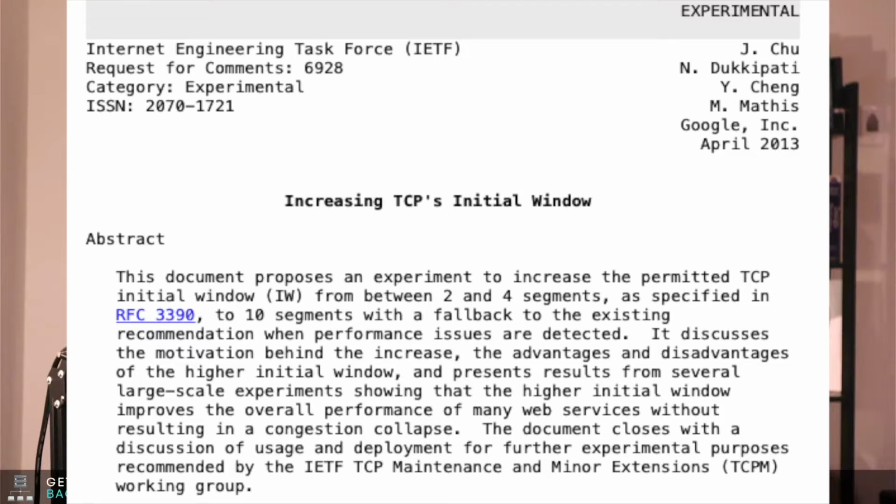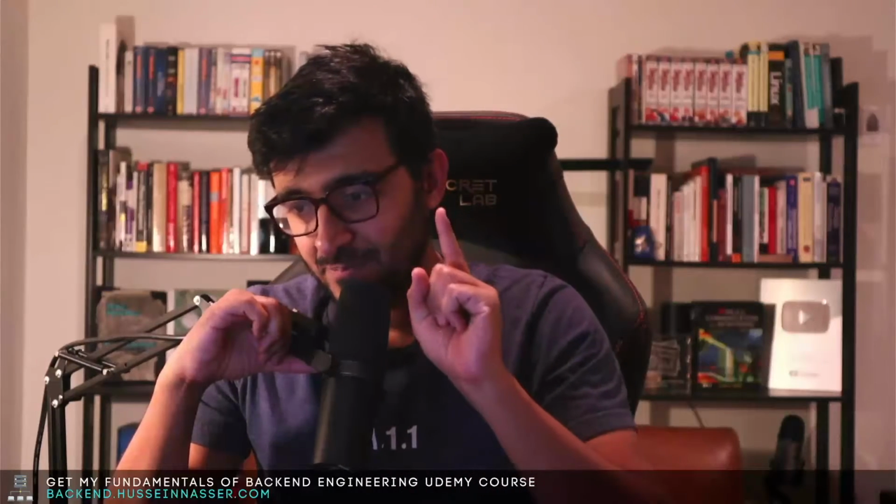But then in April 2013, there was a new RFC, and guess who made that RFC? Google. RFC number 6928, increasing the TCP initial window to 10 maximum segment size. Oh yeah. So they thought about this years ago, that they're going to run into this problem with TLS, right? Having a large certificate.